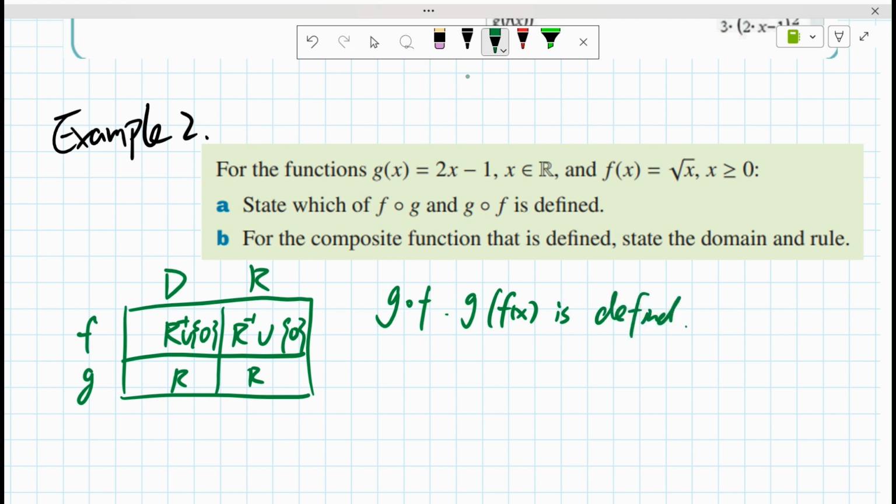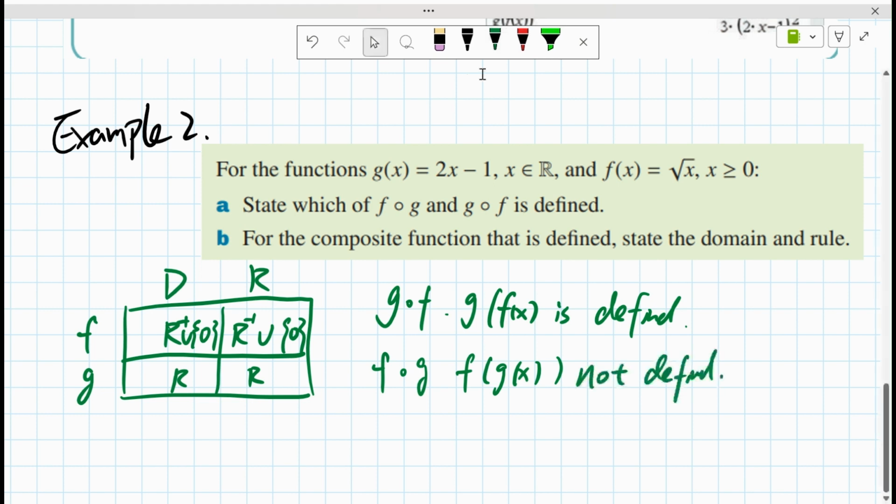Let's have a look. Because your domain and range are different, the function f followed by g(x) is not going to be defined because it's never going to have a negative number. So not defined. And you could put in cases to find out which one is going to be preferred.